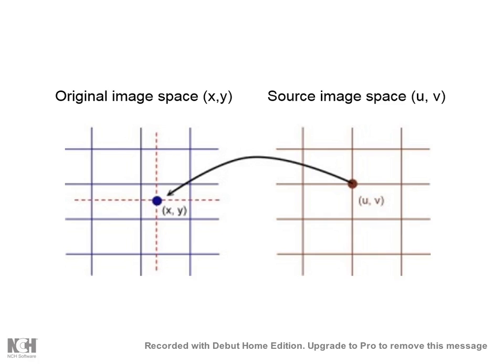Then just assign the color value of the nearest neighbor to xy, and then assign that color value to UV in your source image. It's very simple, but the result is not good enough.